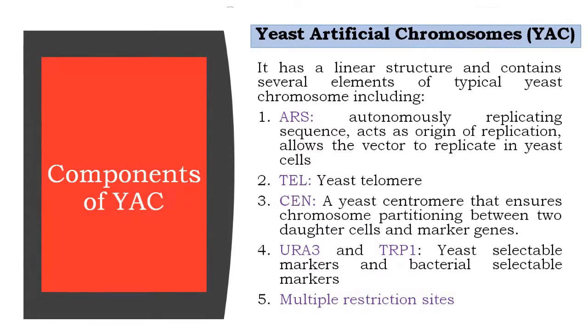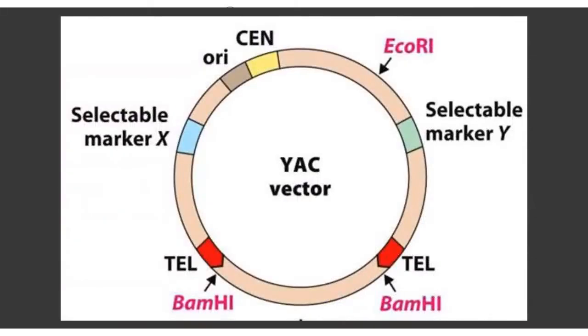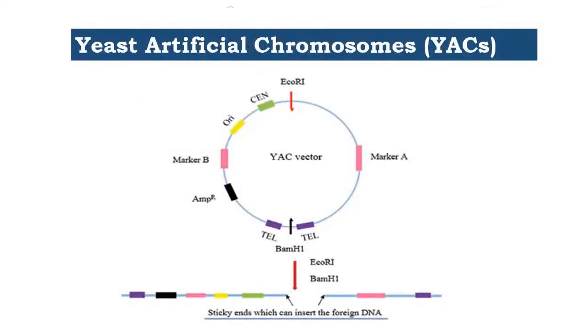URA3 and TRP1 are the selectable markers, and multiple restriction sites as we have for many vectors. See here, the telomeric ends, the selectable markers, and the restriction sites. This is how it is used. Cut it from here using a particular restriction enzyme, and in the nick that is produced, insert the foreign DNA, and now you have a linear DNA. Eukaryotic chromosomes are linear.